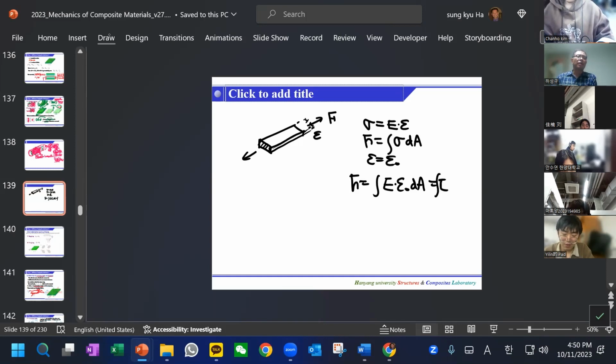They can vary, but the strain can be uniform like this. So if this is just one material, we can easily say E times A times epsilon 0.